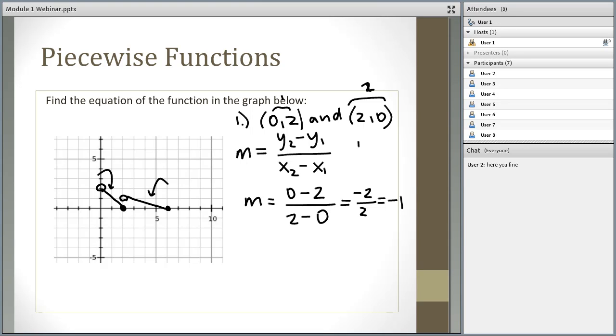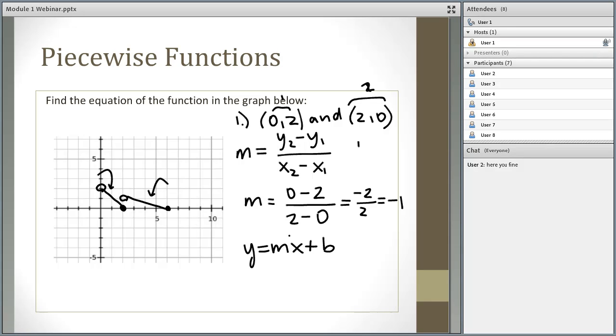There's a bunch of different ways to write the equation of the line. In this case, we technically have the y-intercept again, even though it's not defined at that point. When we finish our piecewise function, we'll make sure to include that it's not defined there. But if it was, we could use y equals mx plus b.